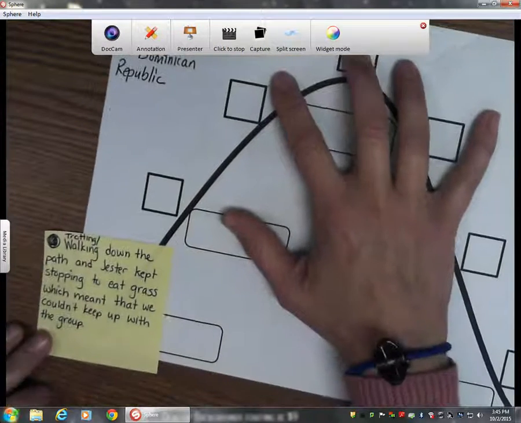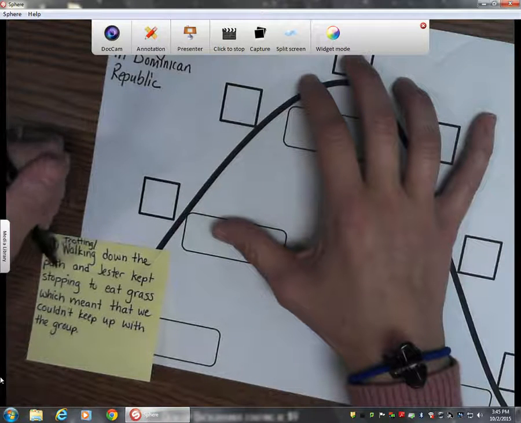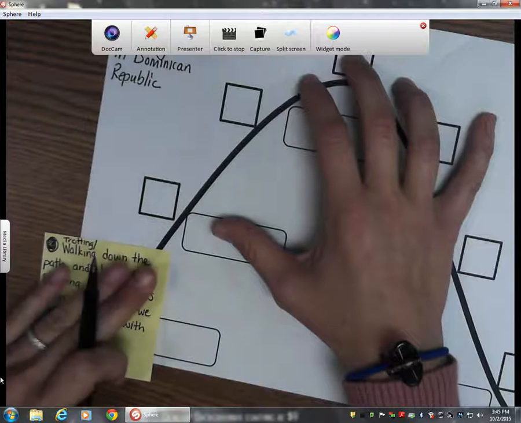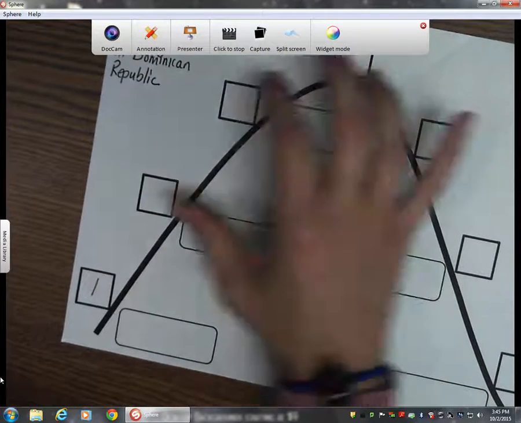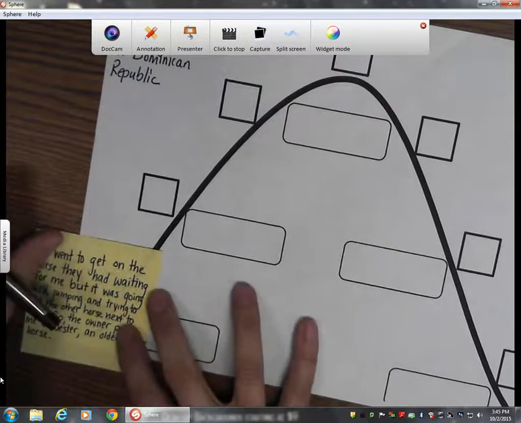Okay. So my first event was that I was walking down the path and, oh, that's not my first one. Hold on 1 second. Sorry, this is the first one.